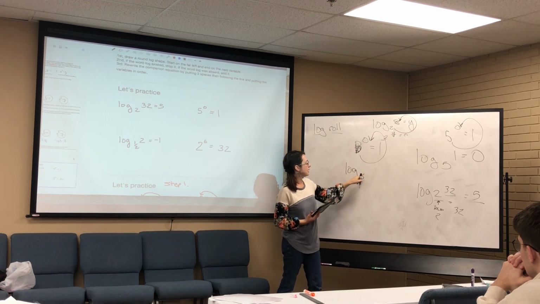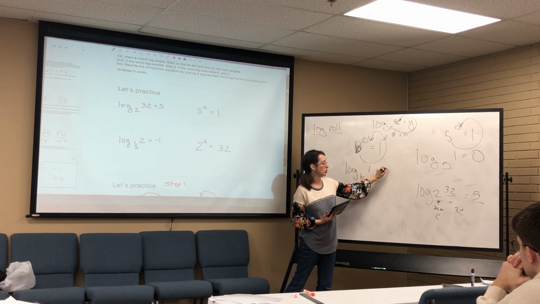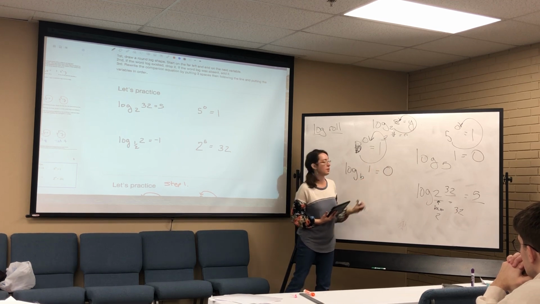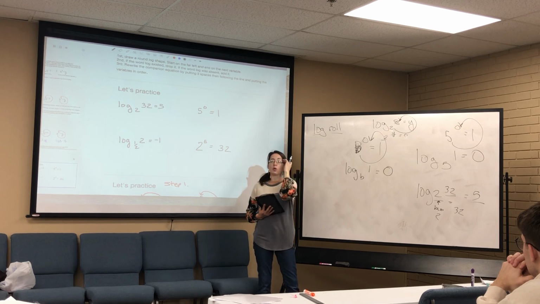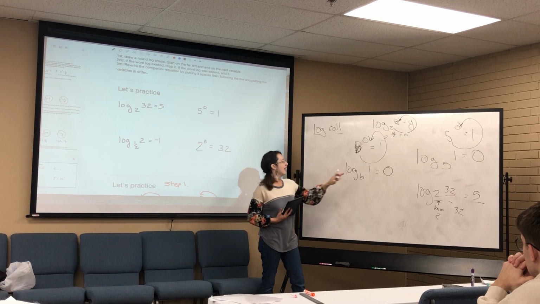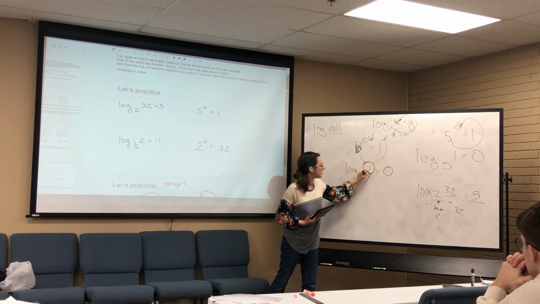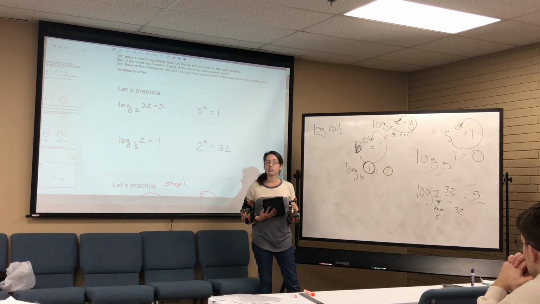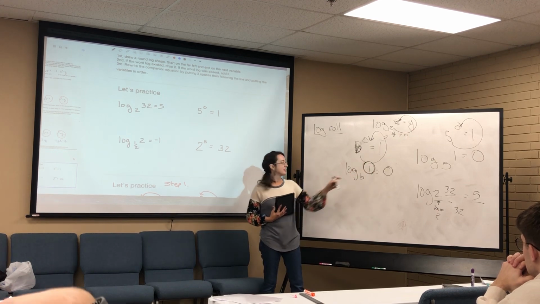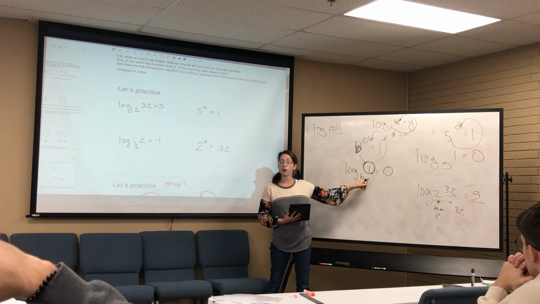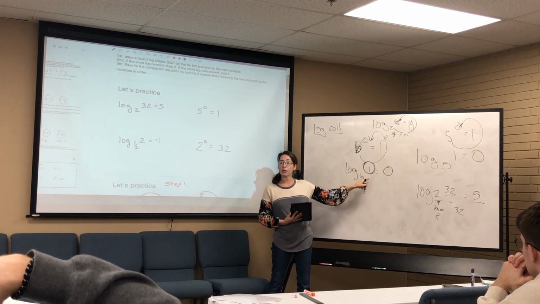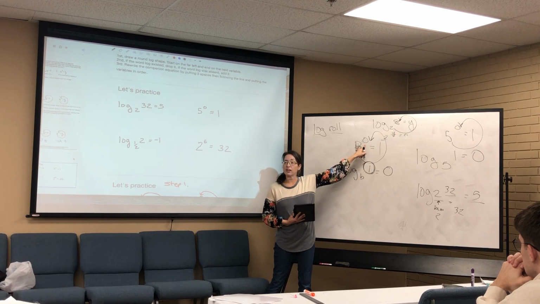I start with b, my next number is 1, so my answer is equal to 0. So when we are looking at our logs and our exponents, anytime your equivalent value is 1, the answer will always be 0. Because the only way you can have an exponent value end up being 1 is to have it raised to the 0. Does that make sense?